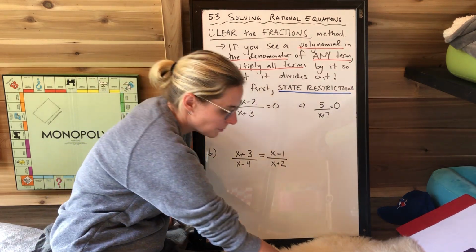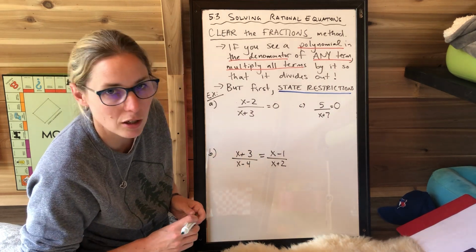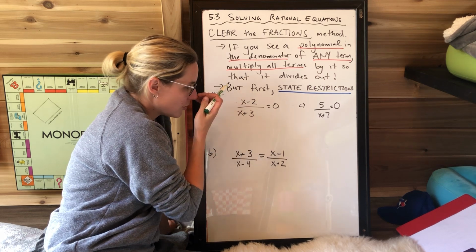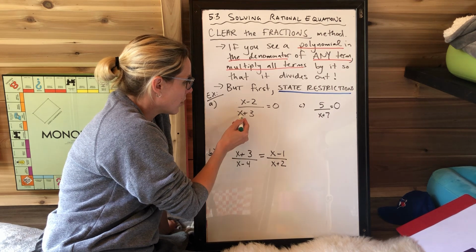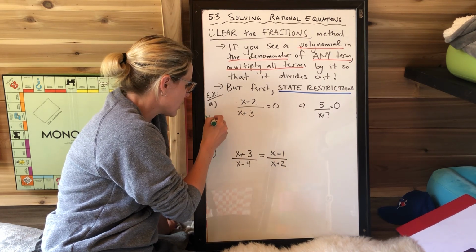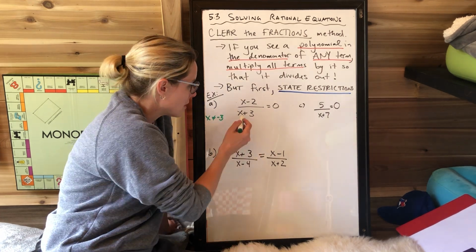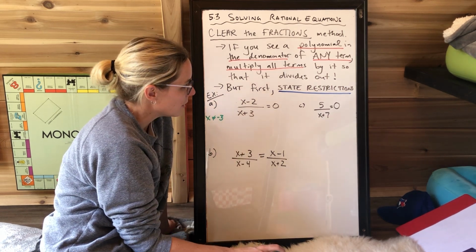If you go back to our days in grade 11, when we first started looking at rational expressions, you'll remember we want to avoid the denominator equaling 0. So in all of these examples, before you do anything, you just want to state any restrictions that might exist. Here we want to make sure x doesn't equal -3, because if x equals -3, then the denominator becomes 0, and we know we can't divide by 0.